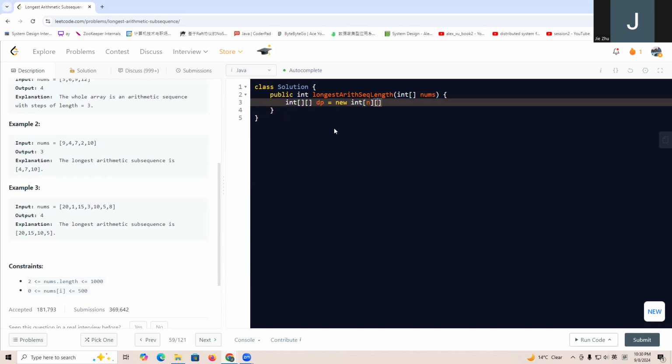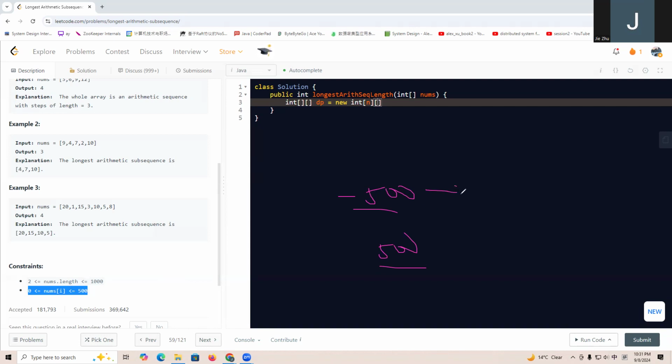So the common diff, what is the range? The worst case, because the numbers are from 0 to 500, the smallest common diff is minus 500 and the biggest common diff is 500. So there are negative and positive numbers.